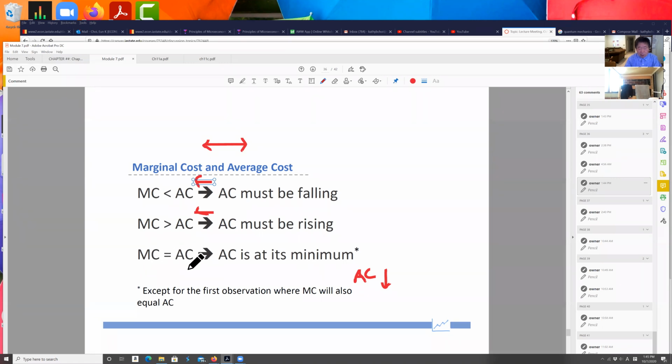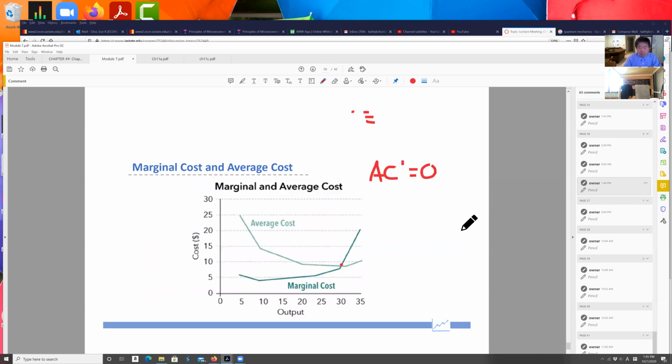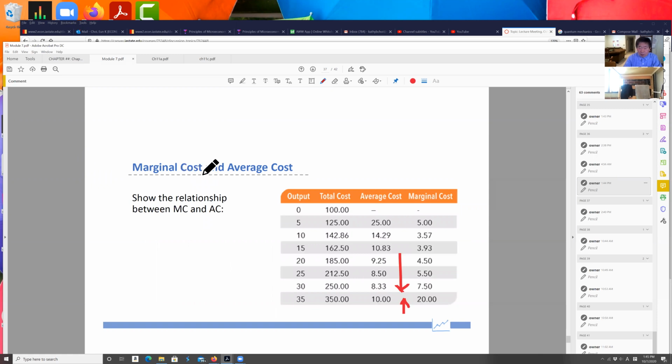So if they ever meet again, average cost is at a minimum, and it will have a flat slope, like here. Here the slope of this curve is 0. Here it's not positively sloped, it's not negatively sloped. Okay, so they are not equal, they don't meet one more time. No, just once. Solo una volta, just one time. Okay, marginal cost and average cost.